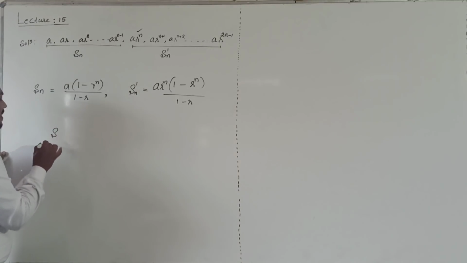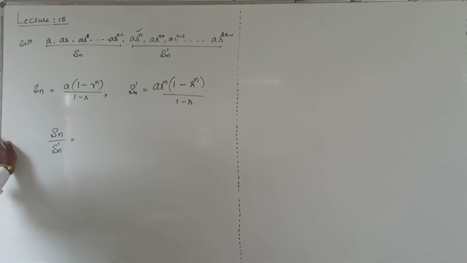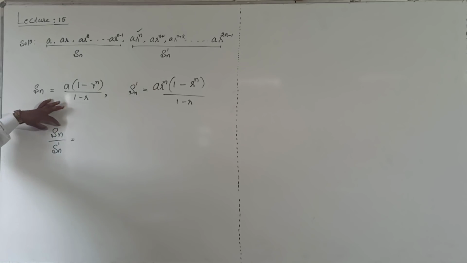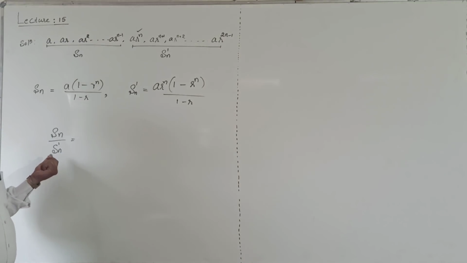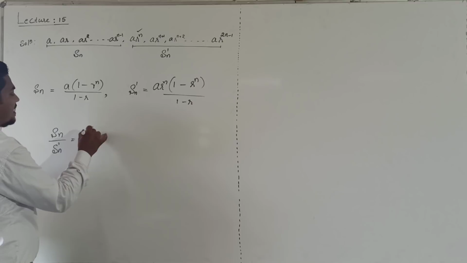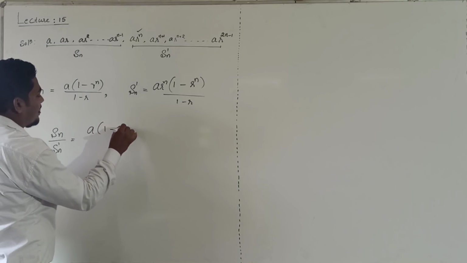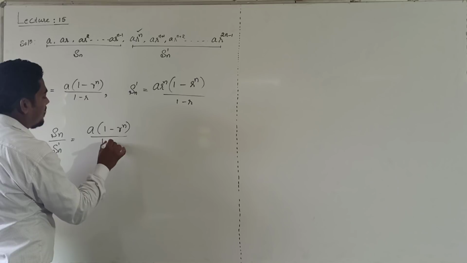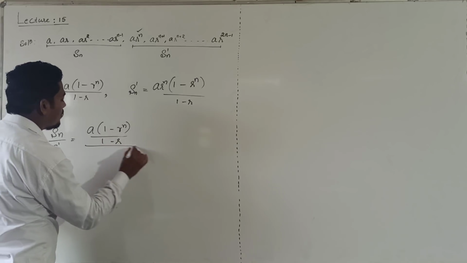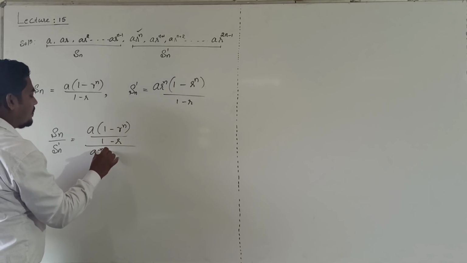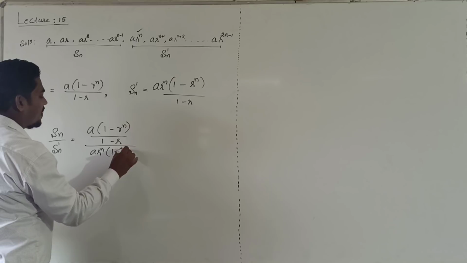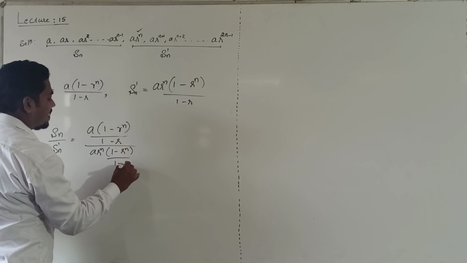What is our requirement? Our requirement is Sn divided by Sn dash, the sum of first n terms to the sum of the terms from n plus 1 to 2n. What is Sn? a into 1 minus r power n divided by 1 minus r, whole thing divided by Sn dash, which is a into r power n, in bracket 1 minus r power n divided by 1 minus r.